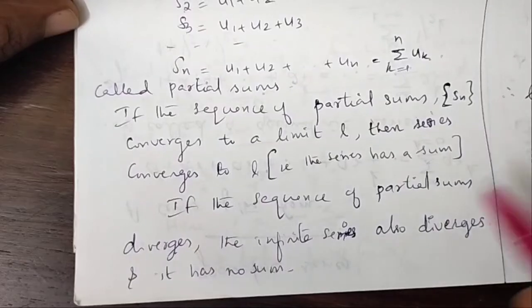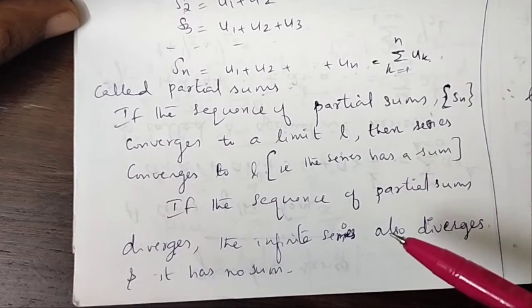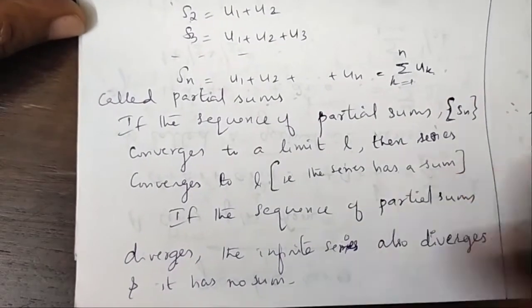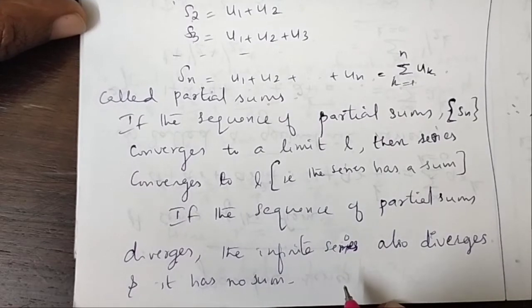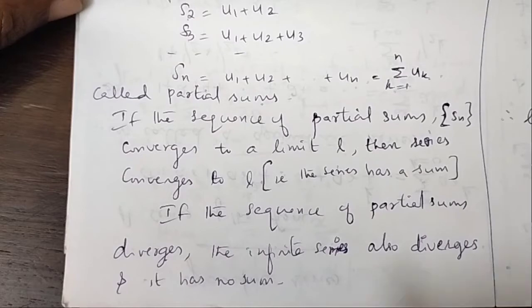Okay. So convergence of an infinite series is equal to the convergence of the sequence of partial sums. Okay, this is the general rule for the convergence of infinite series. But in problems, we can use different tests to find whether the series converges or not.